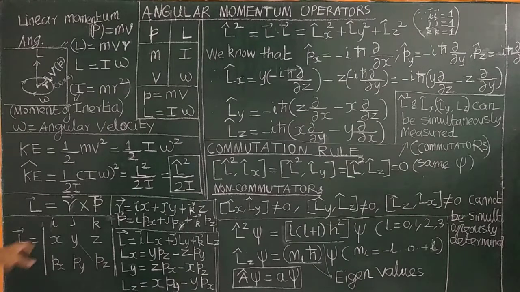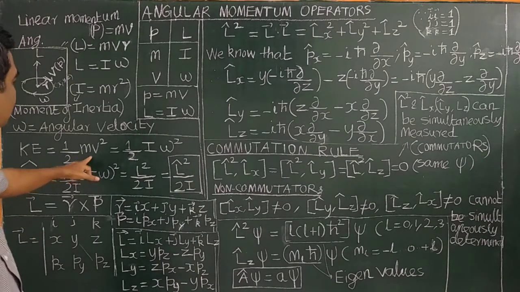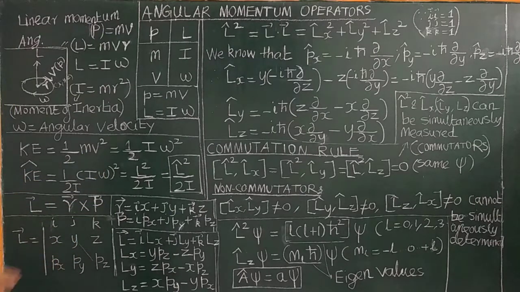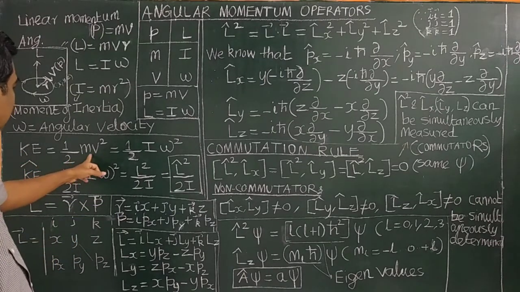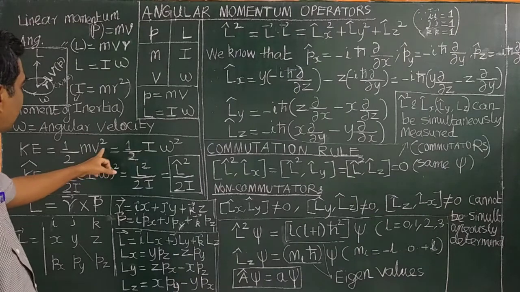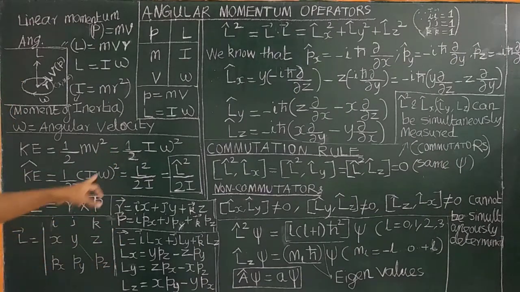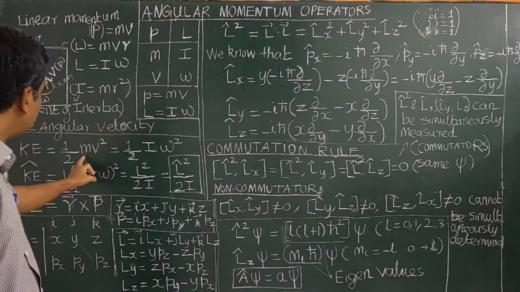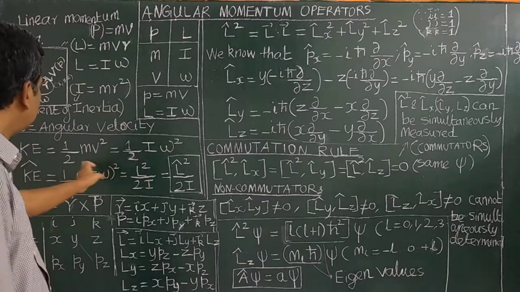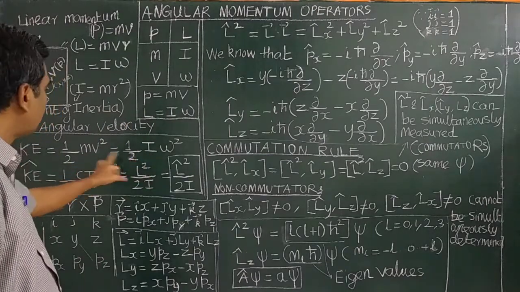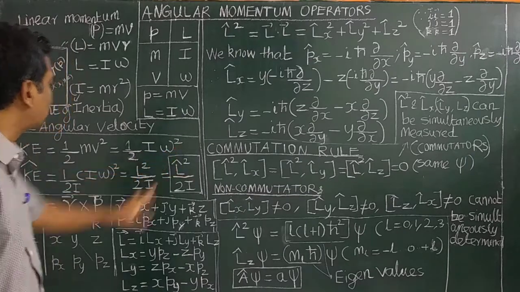Okay, so let us now derive the kinetic energy expression for the angular momentum. How do you derive the kinetic energy? From classical mechanics, we know the kinetic energy is equal to 1 by 2 mv square, that is, mass times the square of the velocity of the particle. The corresponding terms in angular motion are I and omega square.